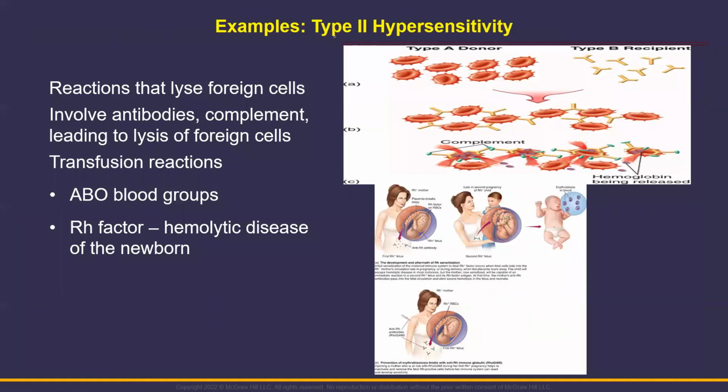An example of type 2 hypersensitivity is the ABO blood groups when they receive blood from an incompatible donor. For example, if the recipient is type B and the donor is type A blood, then this donor gives the antigen A to the B recipient. And the B recipient produces the antibody A that will attack this donor blood.